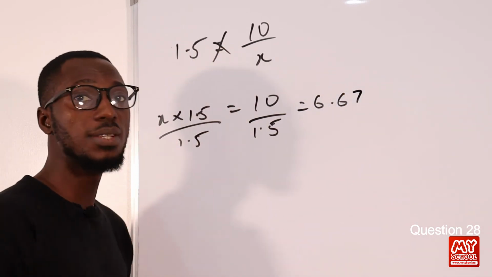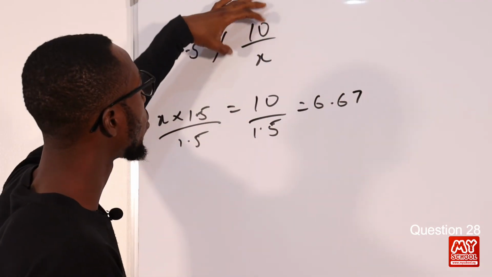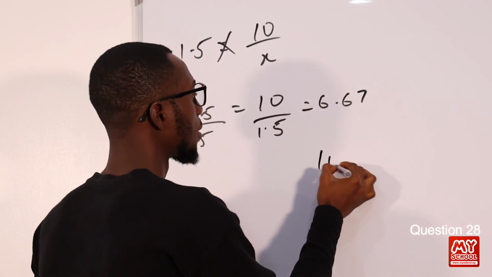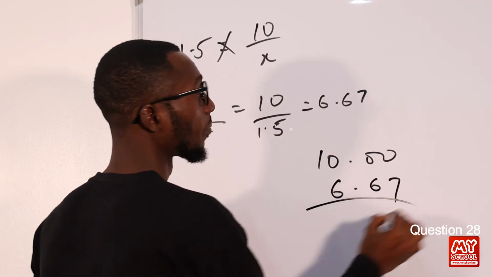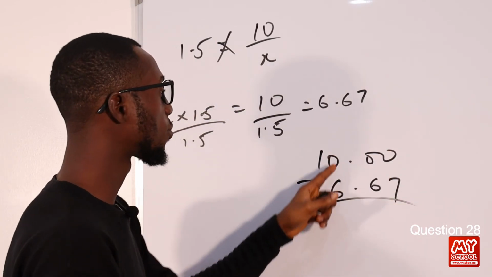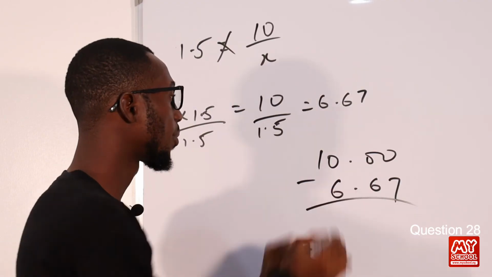Therefore the displacement that has occurred, this is the apparent depth now. So the displacement will be this minus this. So 10 minus 6.67. Okay, let's do this ourselves. This is not possible, so we have to lend 1. 1 from here is 10. This becomes 10, this becomes 9.